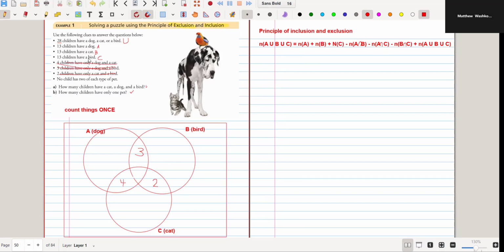So I do know that. I know these counts. I can't just put 13 here. I know that's going to be wrong, so I'm going to leave that alone for now. So let's start substituting stuff in. First off, do I know this part? Yes, I know that there are 28 children. Equals.